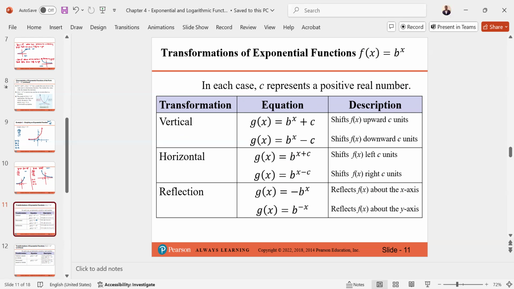So you can shift it c units to the left or c units to the right. So it all depends on the sign, and reflections all depend on the sign of the exponent.